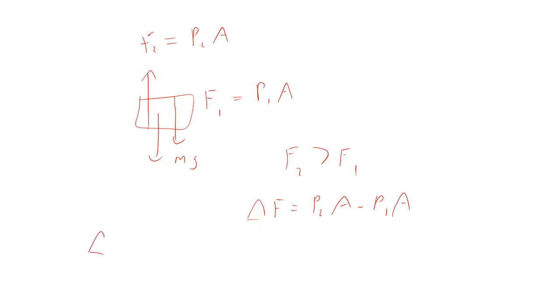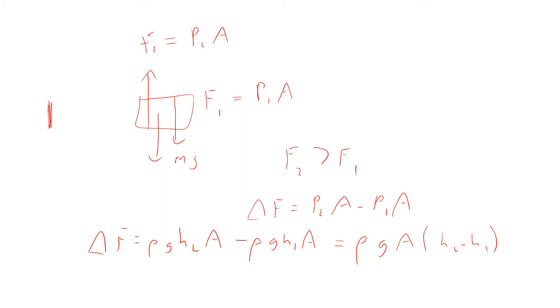Okay, so delta F is going to be P2, which is rho g h2 times A, minus rho g h1 times A. Well, that's going to be rho g A times (h2 minus h1). But h2 minus h1 is the height of the object.